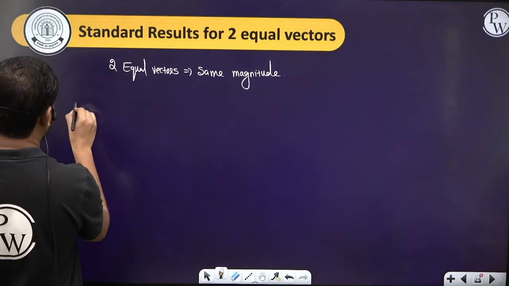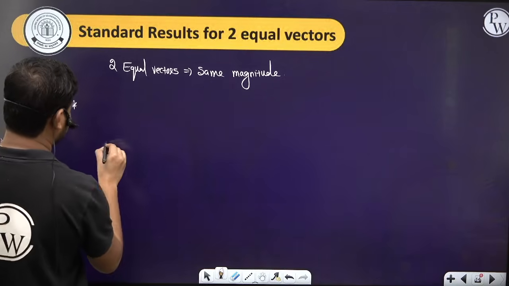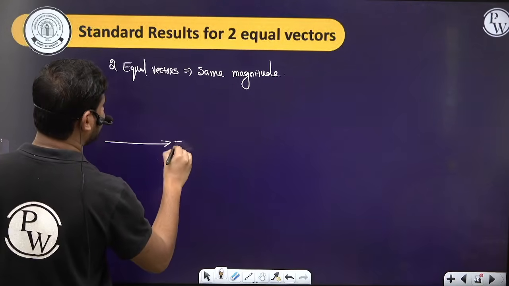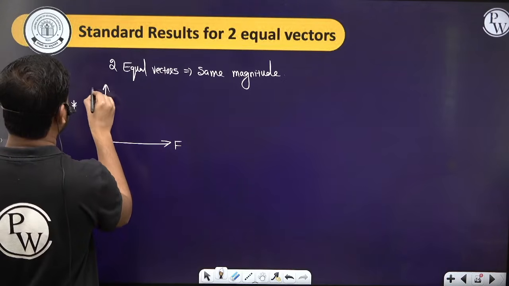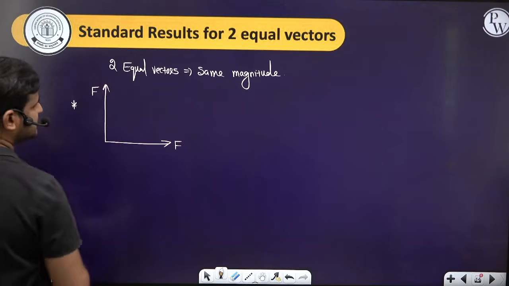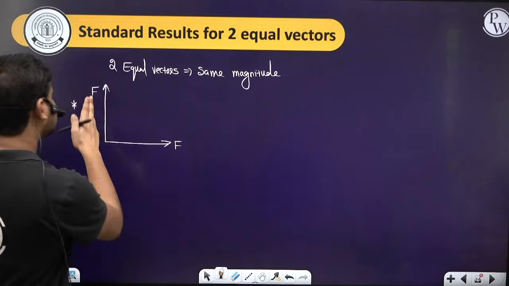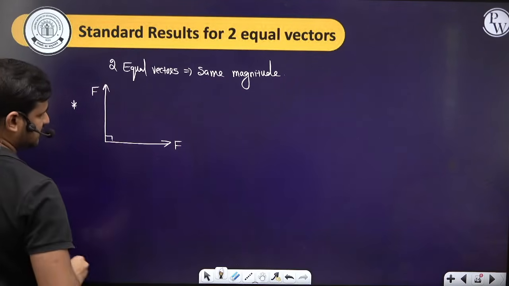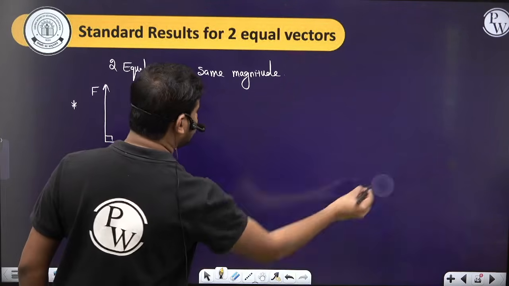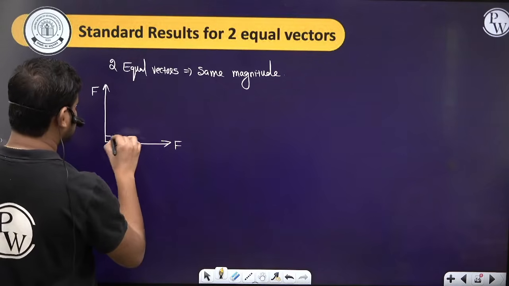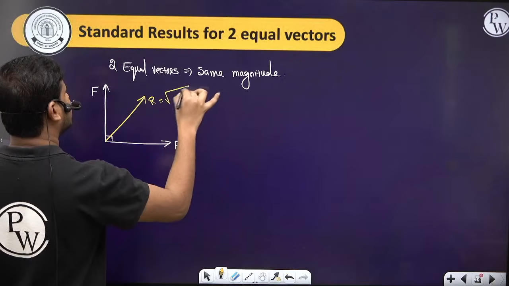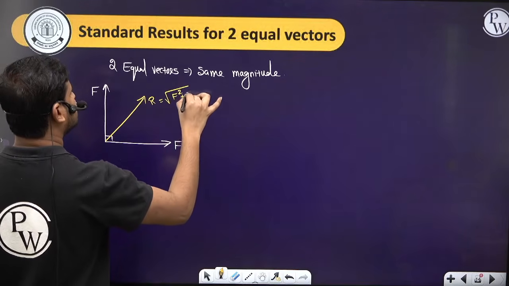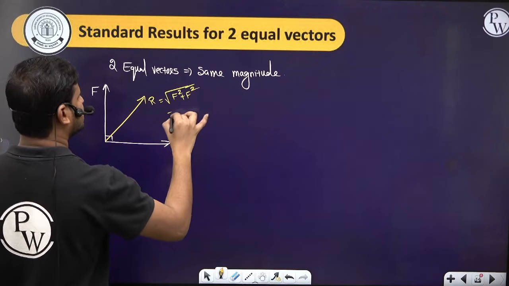For example, if there is a vector F, and this is F and this is F, these are the two vectors which are perpendicular to each other. Then how do you find the resultant between them? The resultant is going to be simply the square root of F square plus F square, which is nothing but 2F square.